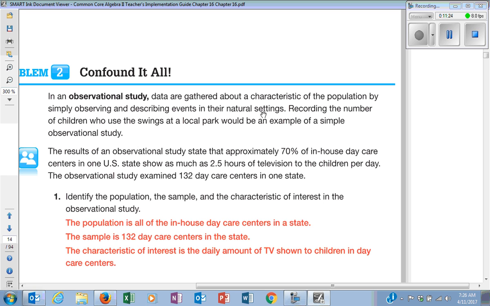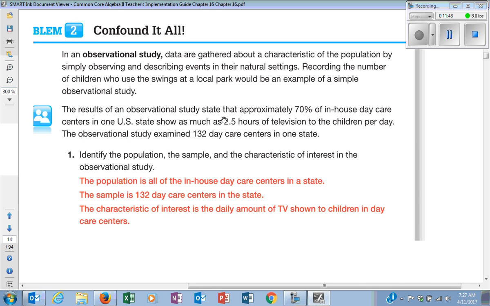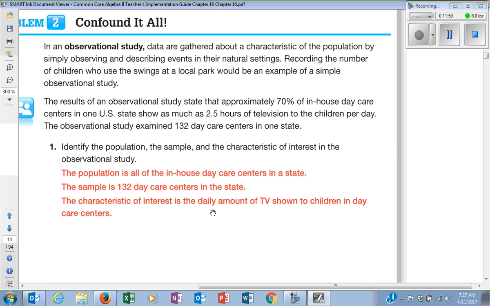I know that Kai had an observational study done on him, it was just a pain in the butt kid. That's what we came to the conclusion of. So recording the number of children who use a swing at a local park would be an example of a simple observational study. You go and sit at the park and you tally, don't offer them ice cream. Be the creeper who's in the corner, tallying kids.